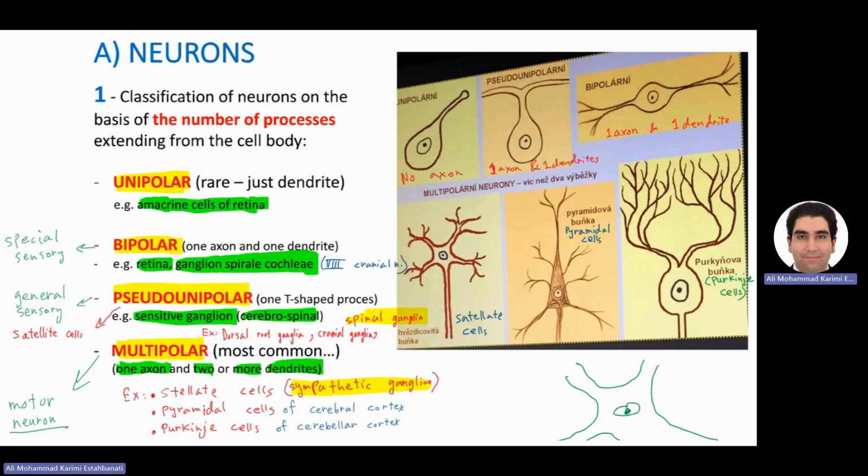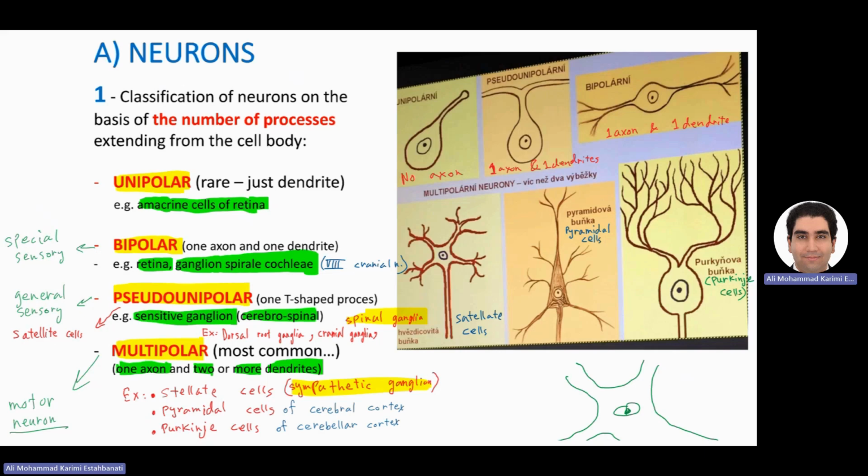Now, neurons as well, they get classified in so many different ways. But one classification is the number of processes. And based on number of processes, they will be classified into four groups. One will be unipolar, then we will have bipolar, then pseudo-unipolar and multipolar.